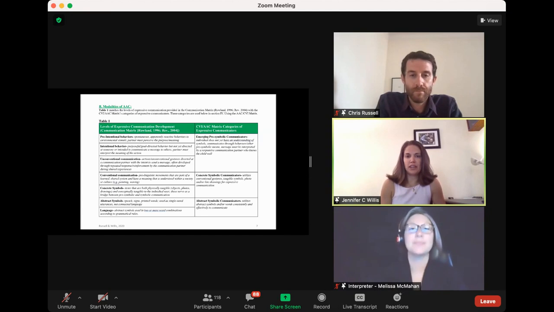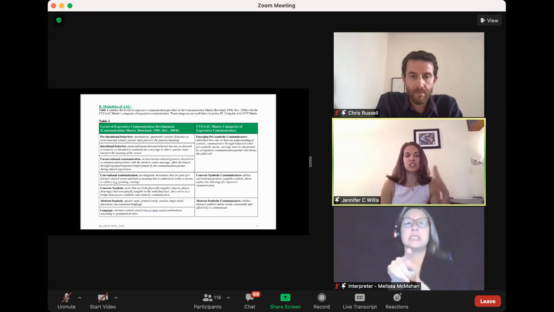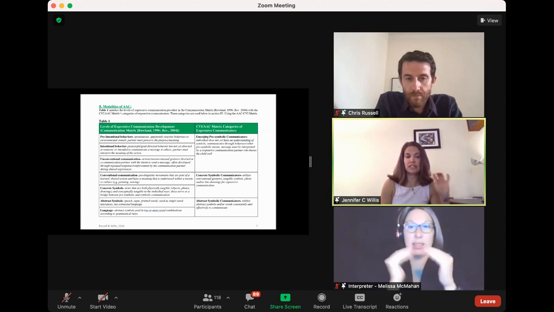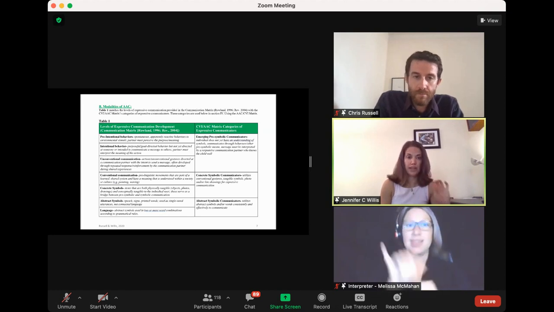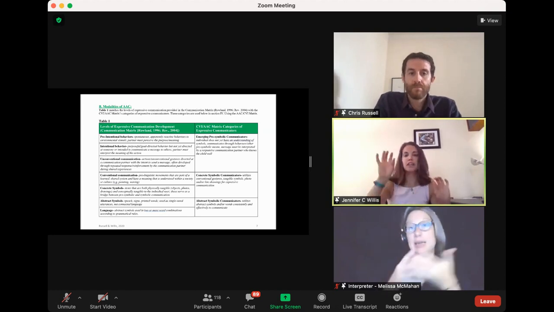Back to this page that I showed you from our document. This is just where it breaks it out. You'll see on the left of the chart, there are 7 levels of communication, and those are the 7 levels that are outlined in the communication matrix. And then we kind of grouped them.